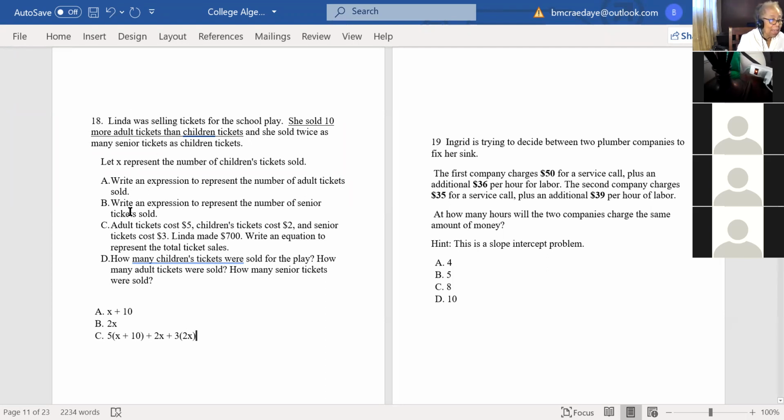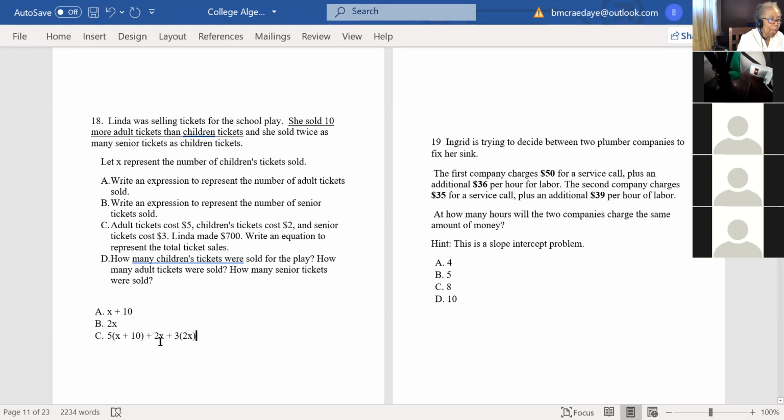When you answer A and B, you've got what you need for C because it said X is the children's tickets. So if your adult tickets are X plus 10 and they cost $5 each, it's going to be $5 times X plus 10. The senior tickets are what? Well, the children tickets are $2, but X represents the number of children's tickets.